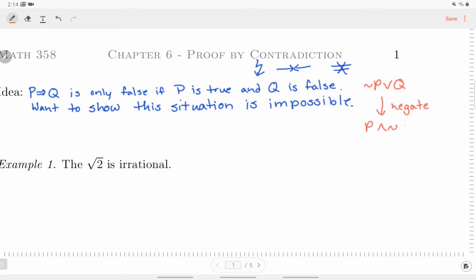P and not Q. So this is another way to describe proof by contradiction. I'm going to assume P and not Q and show that actually can never happen. If P and not Q is impossible, then its negation, the original, is true. It always happens.